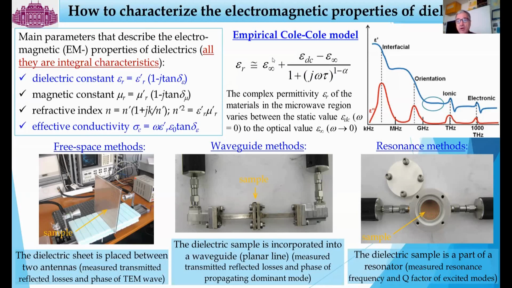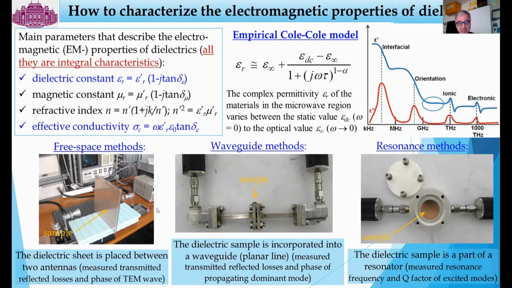Maybe you know the empirical Cole model, which shows that the dielectric constant of dielectrics falls between the value at DC frequencies, at very low frequency, and in the optical range. How to obtain information for the microwave dielectric constant?